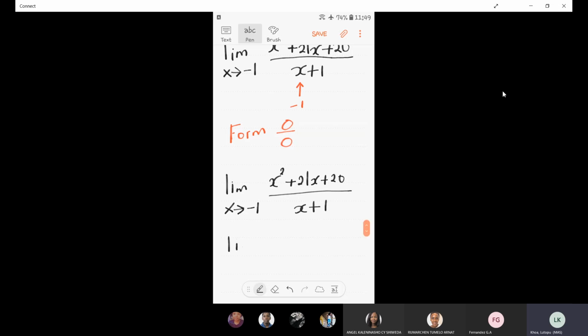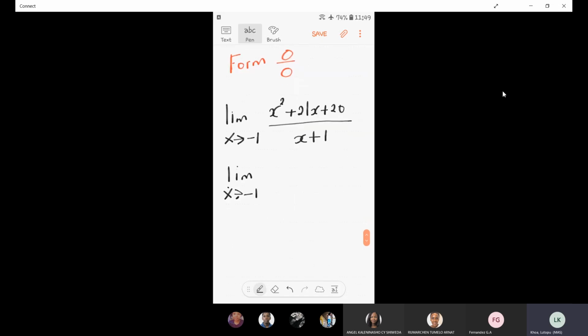So we can factorize the numerator. We look for two numbers that when we multiply them, the answer is 20, and when we add them, the answer is positive 21. So that's 20 and 1, x plus 20 times x plus 1. Then you can see that my denominator will cancel.